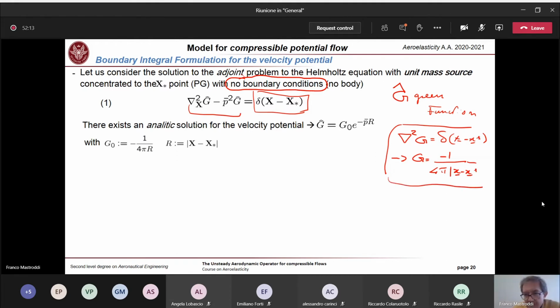This is an analytical solution of this problem with no boundary condition. Here we have the same, and this generalized new problem has an analytic solution.